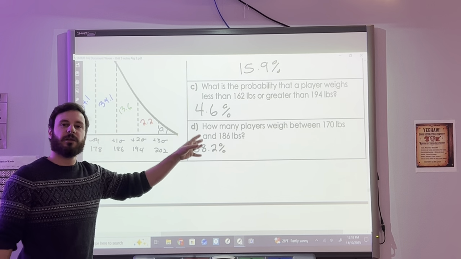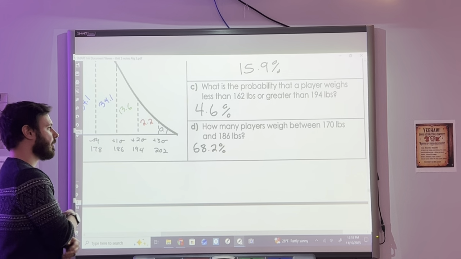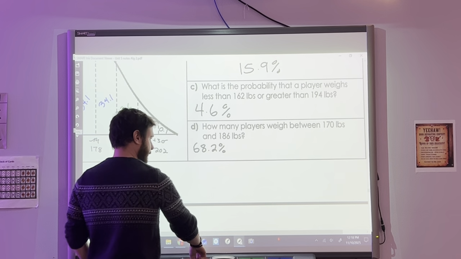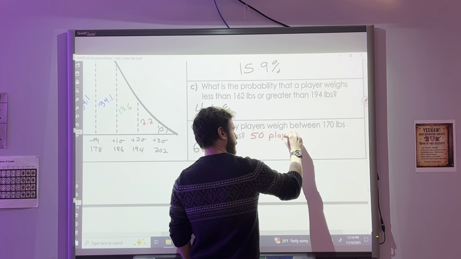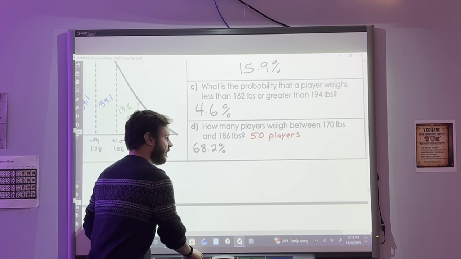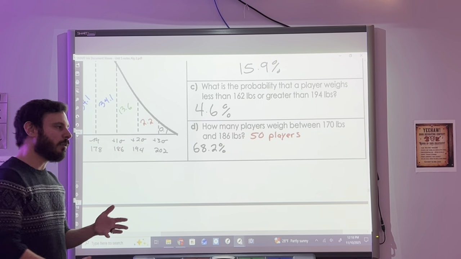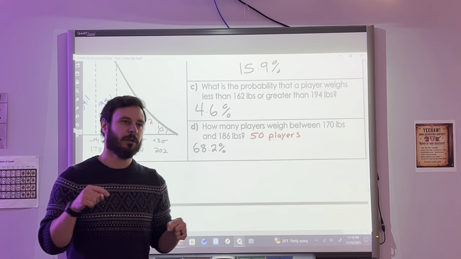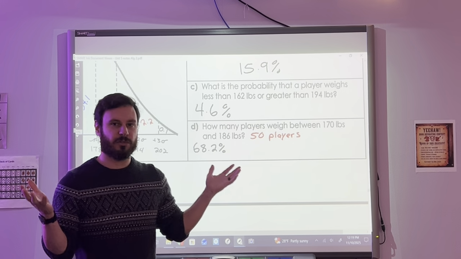But it doesn't ask the percent anymore. It asks how many players. Okay? So, how many players did we have total in the problem? 50. There were 50 players. I need to figure out what 68.2% of 50 is. I can't put this in my calculator. My calculator says if I multiply 50 times 68.2, I'm gonna get like 3,000 something.